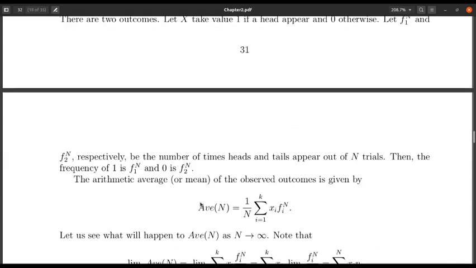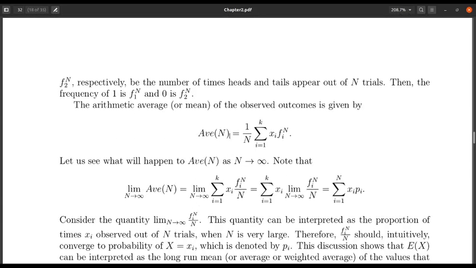Now, in this scenario, you know the meaning of the average of the values.